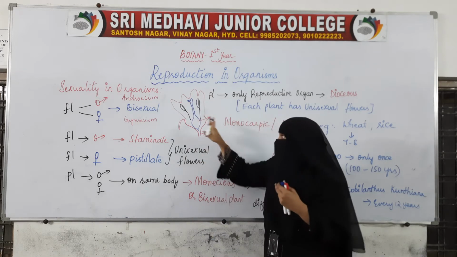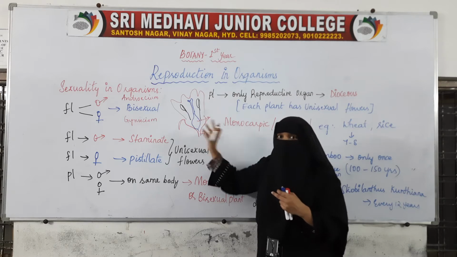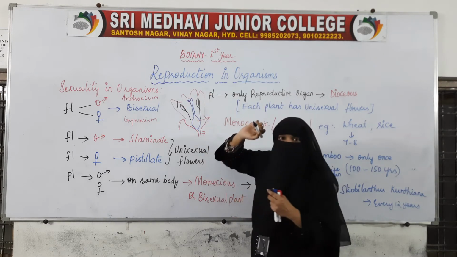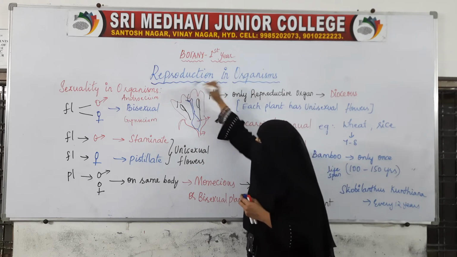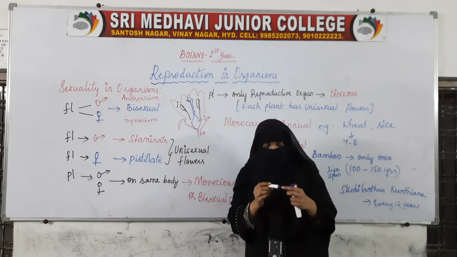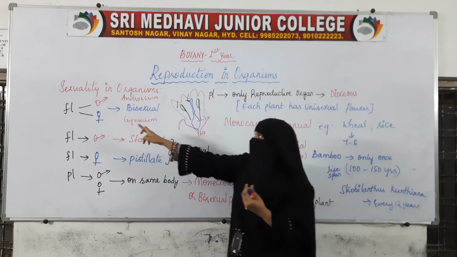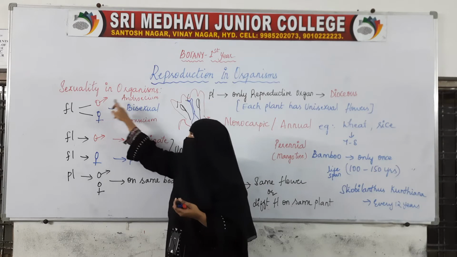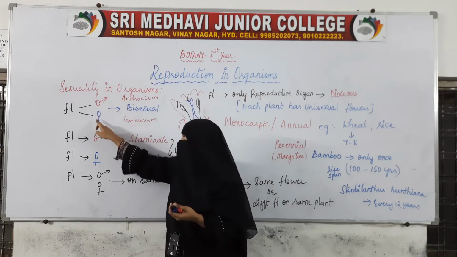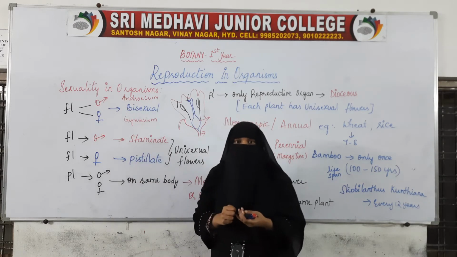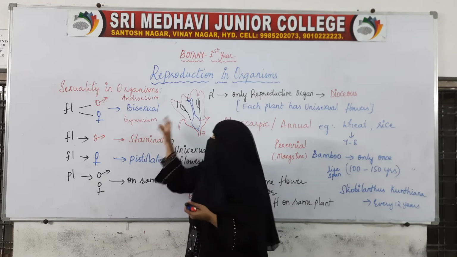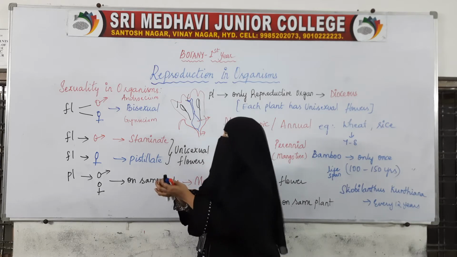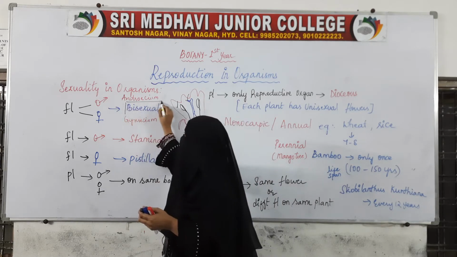If in this one single flower we find both the male reproductive organ, that is androecium, and the female reproductive organ, that is gynoecium or the pistil, then that flower is said to be a bisexual flower.